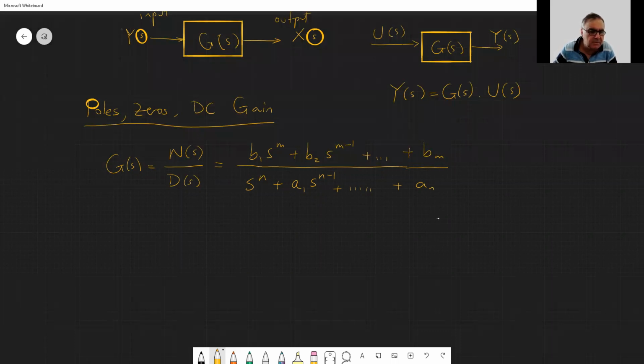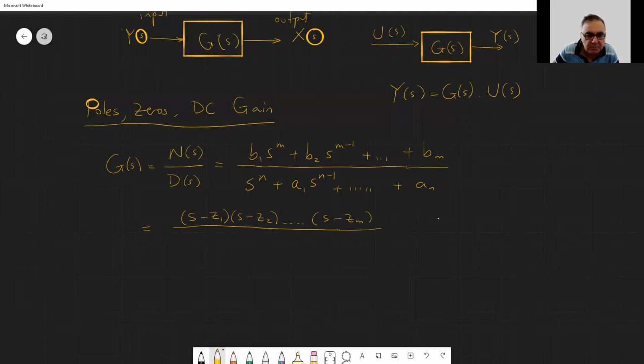Now these are polynomials, and these polynomials have roots, of course. So we can write them in factored form, if you like, with factors up to s minus dm.